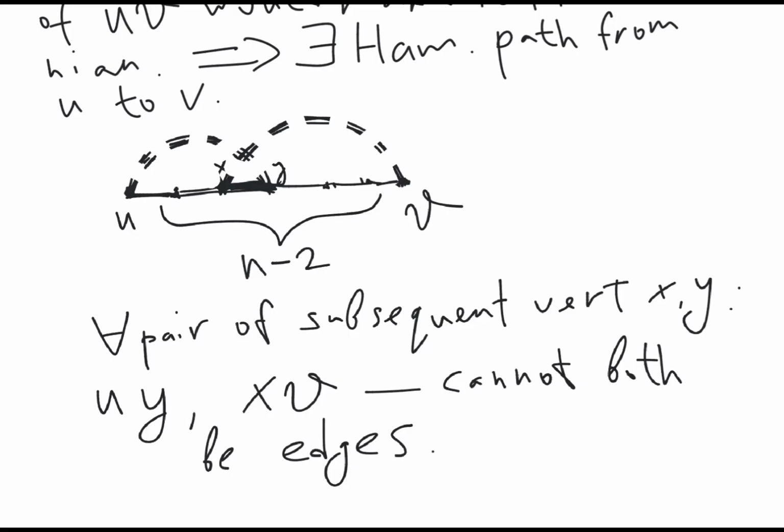Why? By contradiction, suppose they're both edges. Then we have a path from u to y, then we go from y to x.